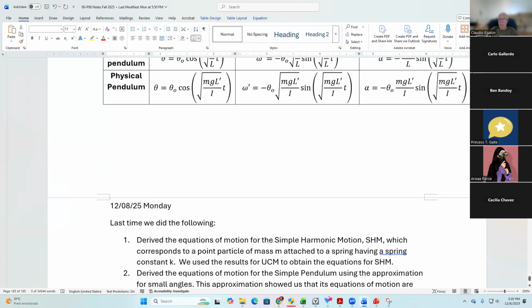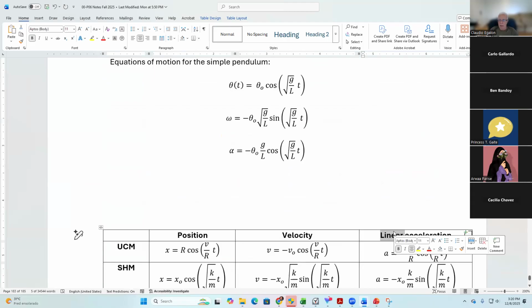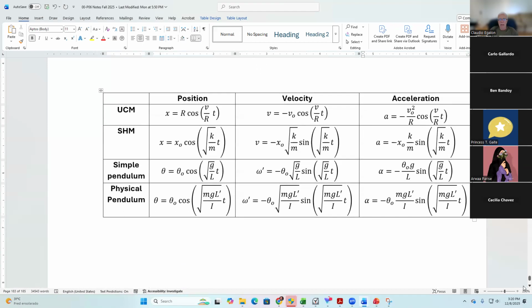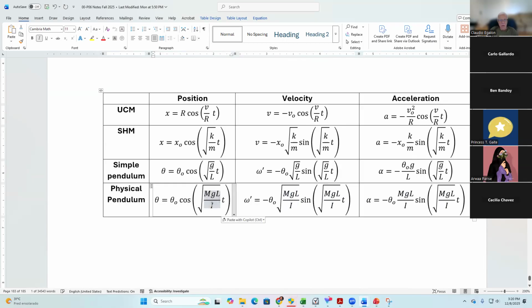So let's replace it in the table: instead of linear acceleration, just acceleration. The acceleration can be either the linear acceleration or the angular acceleration. I will replace everything here to make it consistent with the notation.